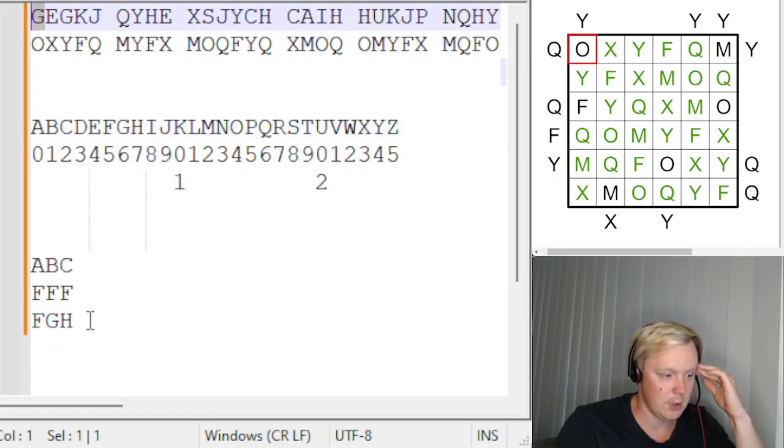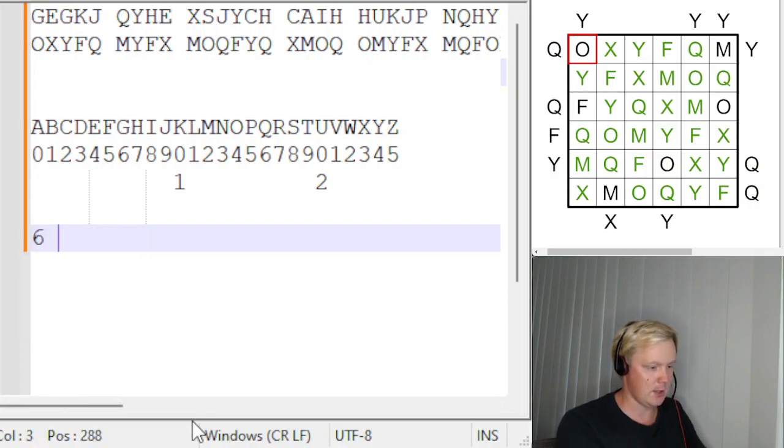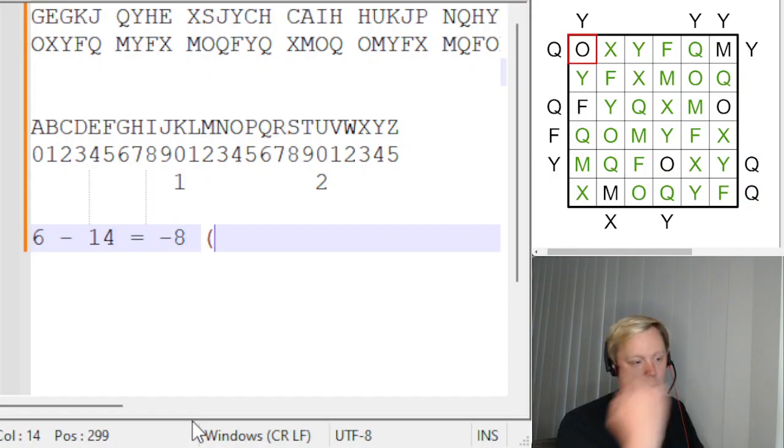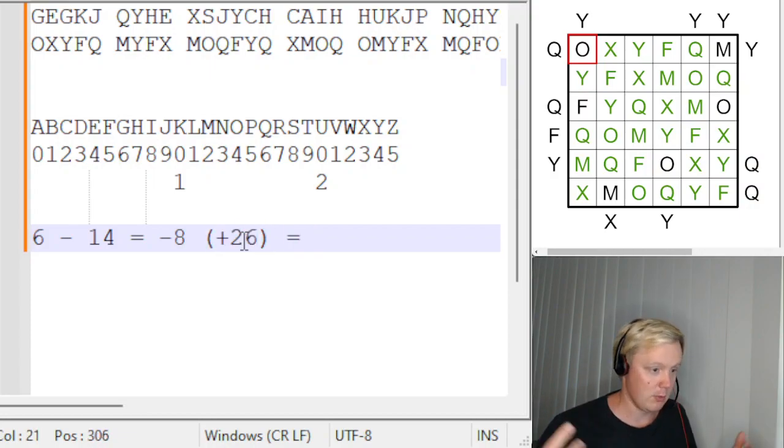So 6 minus 14, and obviously that's a negative number, that's minus 8, but remember these go around, this wraparound. So from A you go back to Z and so forth, and in this direction as well. If you pass the Z, you go back here. So you can just add or subtract 26 whenever you need to get a number between 0 and 25.